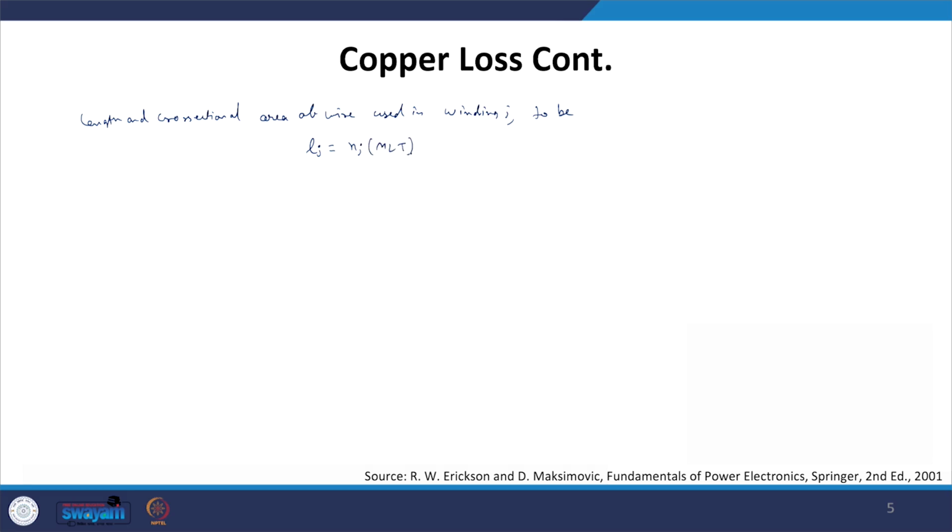Now this MLT is the mean length per turn, and Nj is the number of turns of the jth winding, where Lj is the length of the wire used to wind the winding j, that is, the length of wire used for the jth winding.